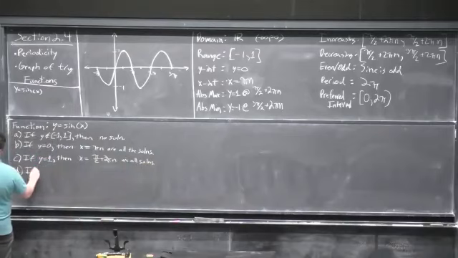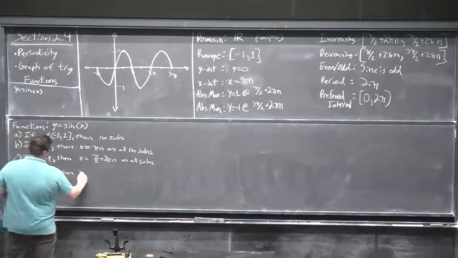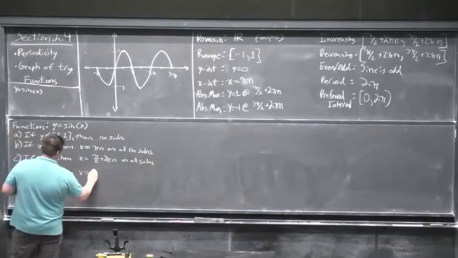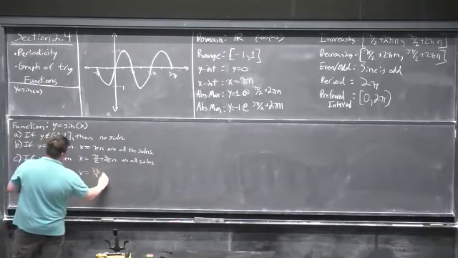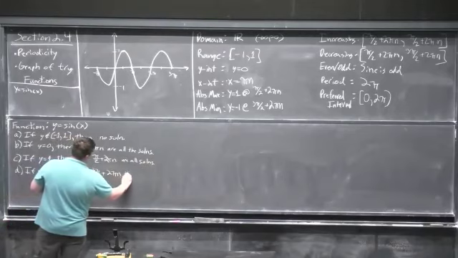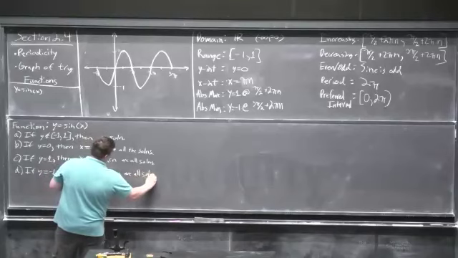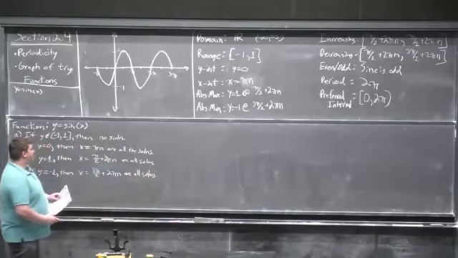D, if y equals -1, then x equals 3 pi over 2 plus 2 pi n are all solutions. So what do I mean by these two statements?